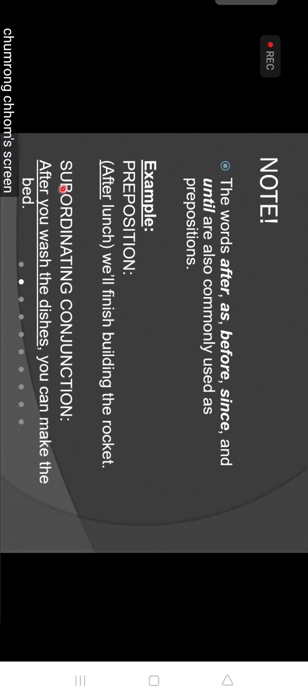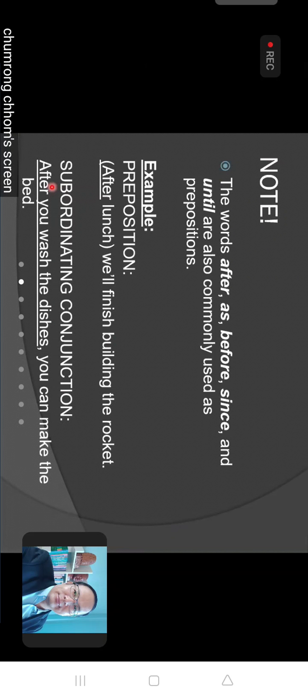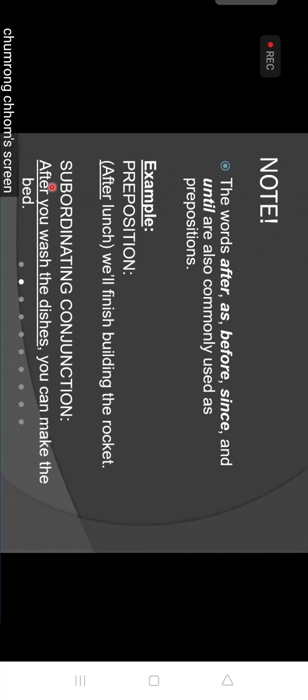So what you have to remember is that words like after, as, before, since, and until can be used with a noun and function as a preposition. But if they are used with a sentence or with a clause, we call them what? Subordinating conjunction. This is what you have to remember when we use adverb clauses.